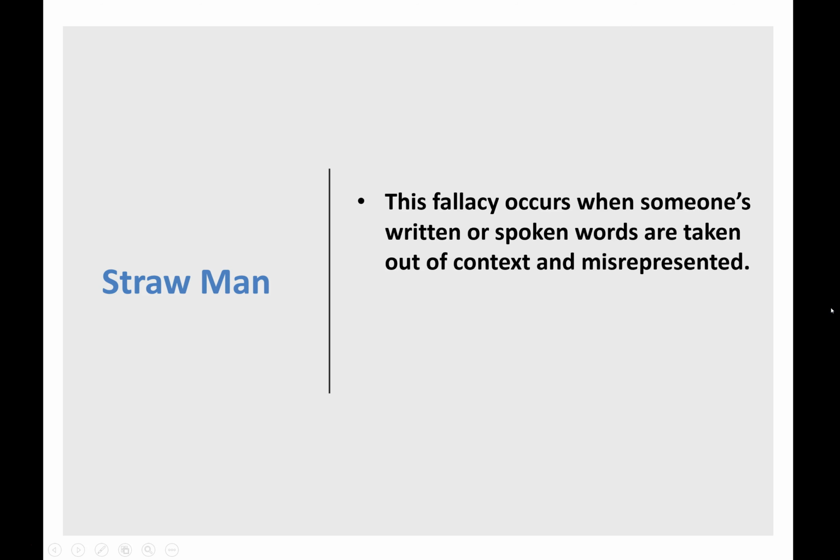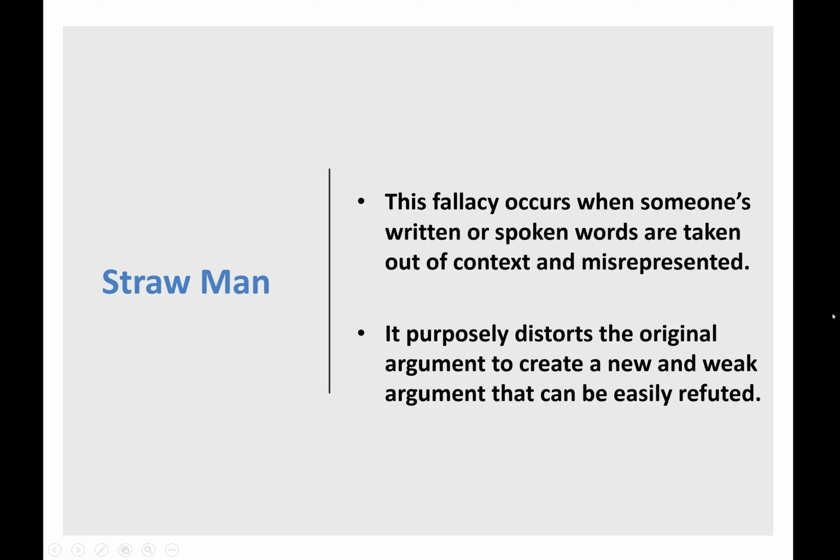Strawman, next fallacy. This fallacy occurs when someone's written or spoken words are taken out of context and misrepresented, and it purposefully distorts the original argument to create a new and weak argument that can be easily refuted or knocked down, right? Hence the name straw man. So imagine you've got two people arguing. Person A lays down a decent argument.